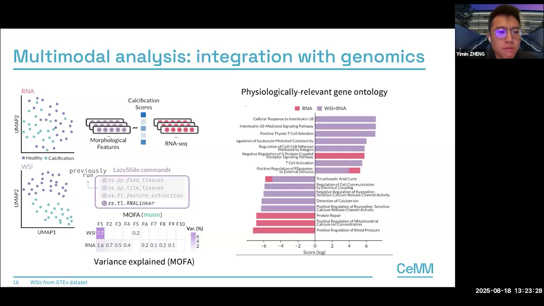So the vision features can actually capture more variance between the two groups compared to the genomic space. And this can also be revealed by MOFA, that there is more variance in this type of dataset on the WSI, on the histology image modality, compared to the genomic space.